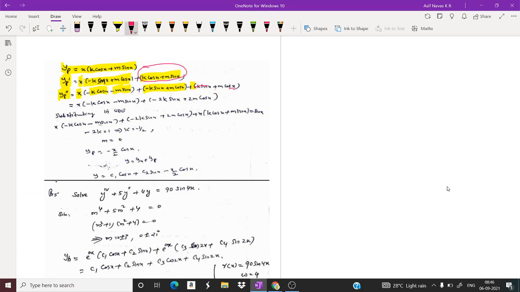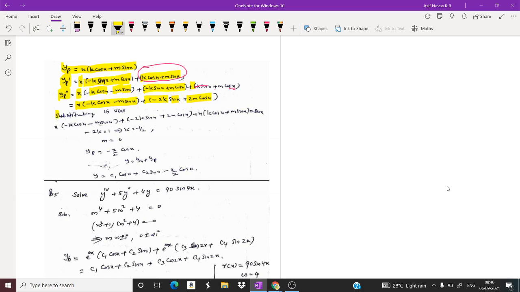We can write this as x into minus k cos x minus m sin x plus 2k sin x plus 2m cos x.